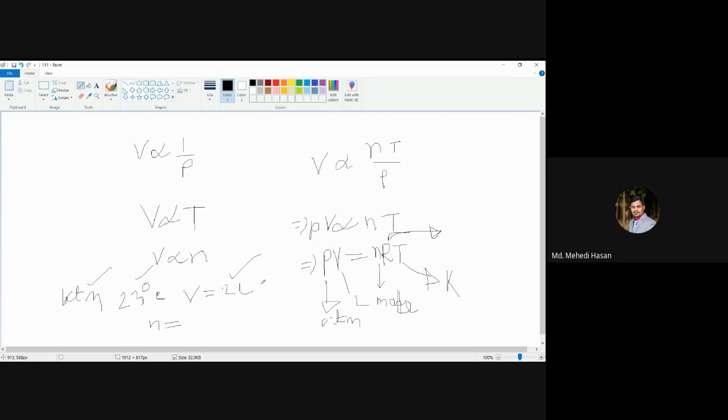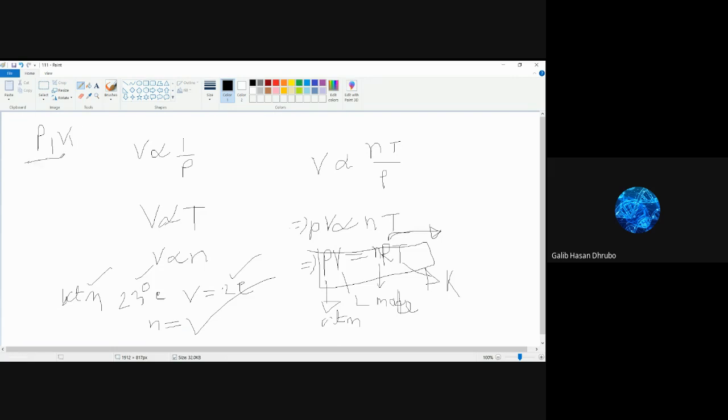If you Google it and put the values in that equation, you will get the number of atoms, in terms of moles. So these are the formula and the process to solve the problems. Is it clear? Yes, sir.